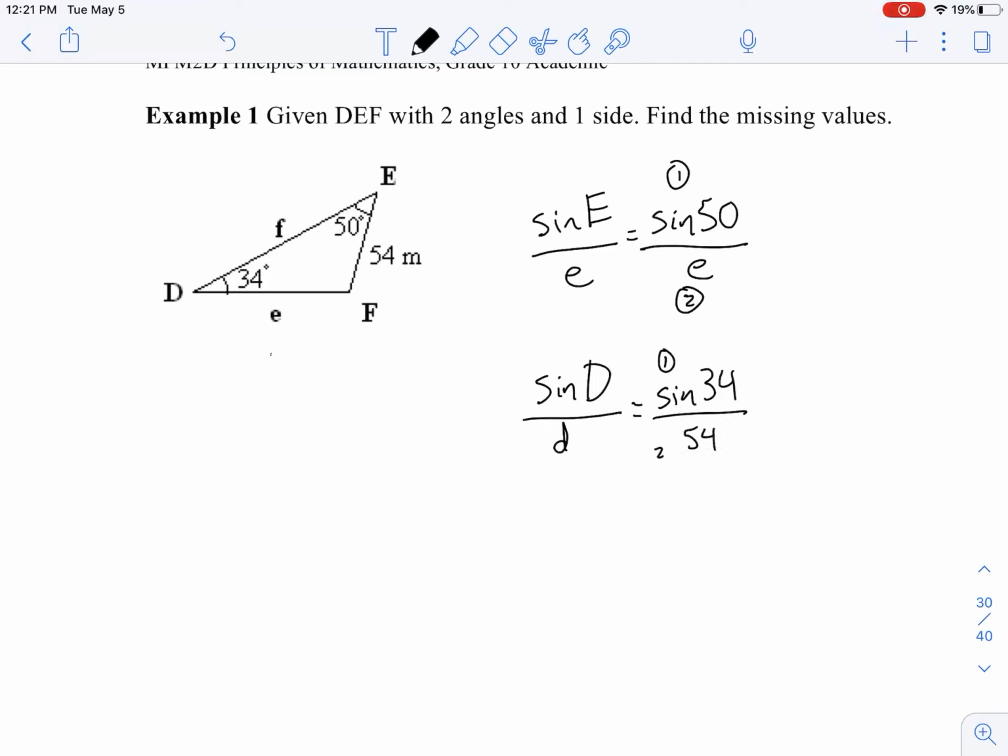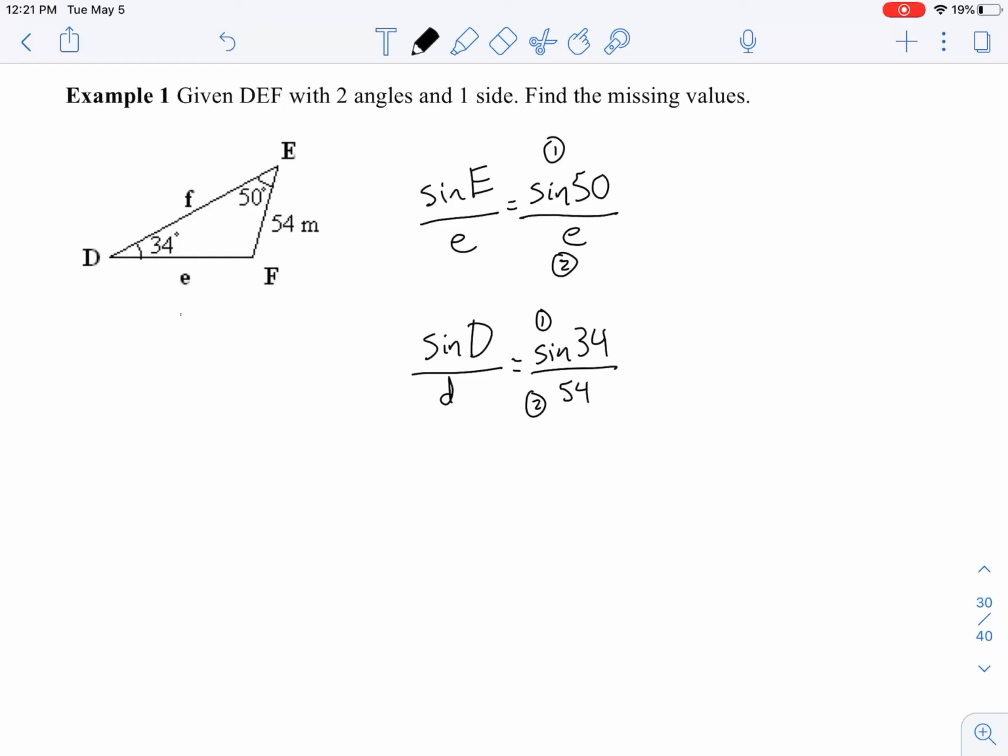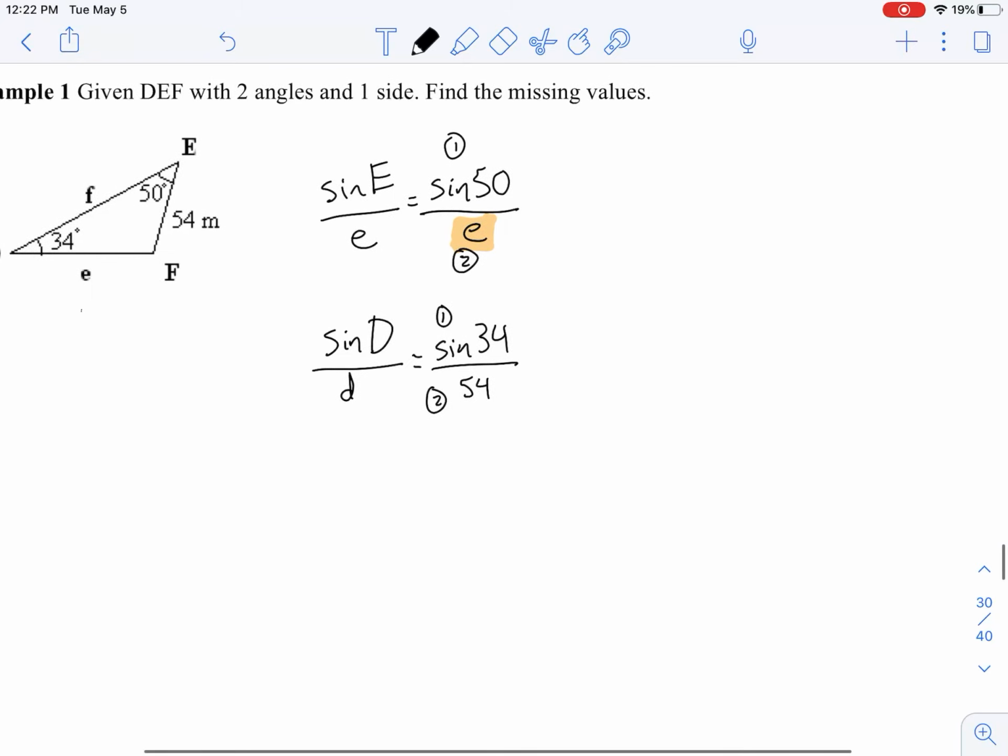So I'm going to set up my equation in a very strategic order to solve for my unknown and put that in the numerator. If I use these 2 ratios here, my unknown is this E here. That's what I want to solve for, because I have one complete ratio and a part of another. Since E is in the denominator, I want to have it in the numerator. So I'm going to flip these ratios upside down. And follow me here.